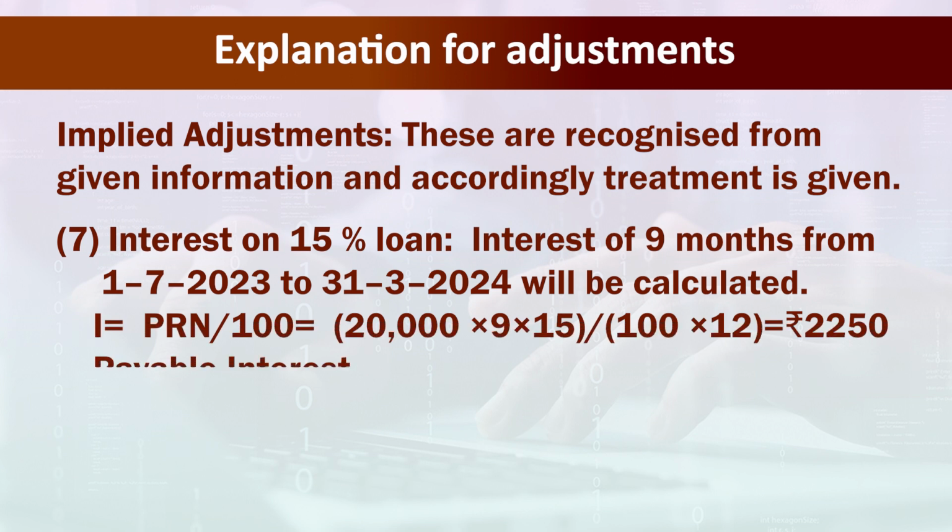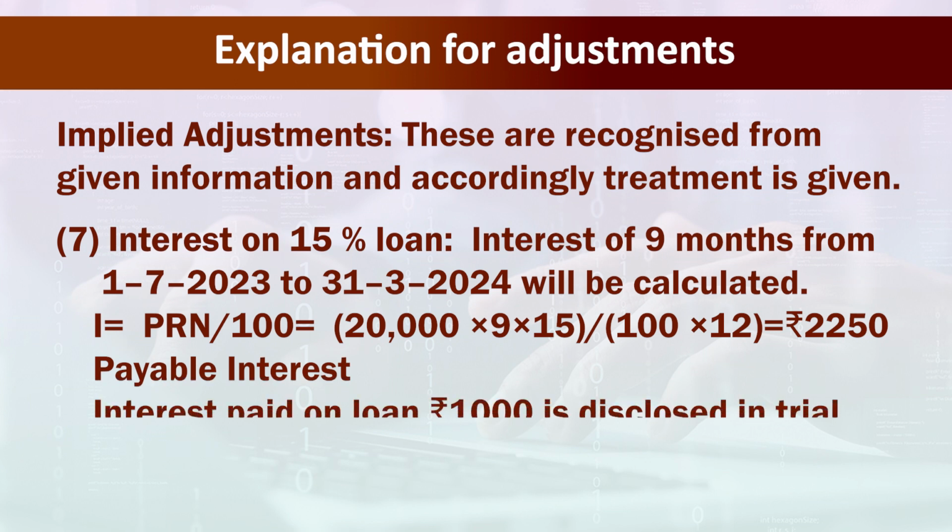The amounts are rupees 20,000 into 9 into 15 upon 100 into 12. The total interest payable is rupees 2,250. The interest paid on loan, rupees 1,000, is disclosed in the trial balance.